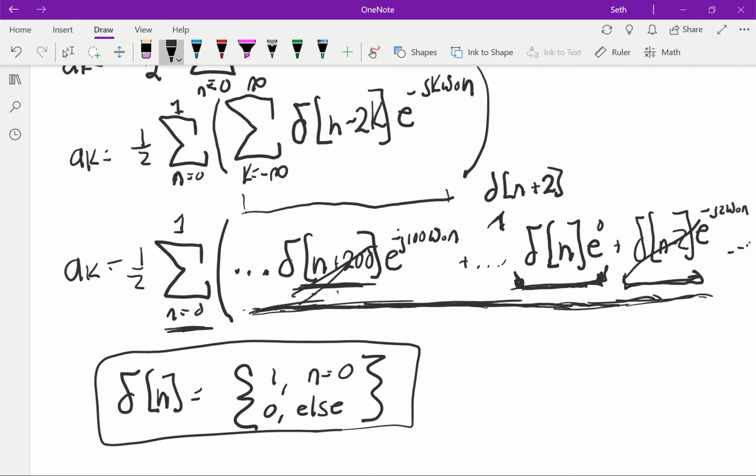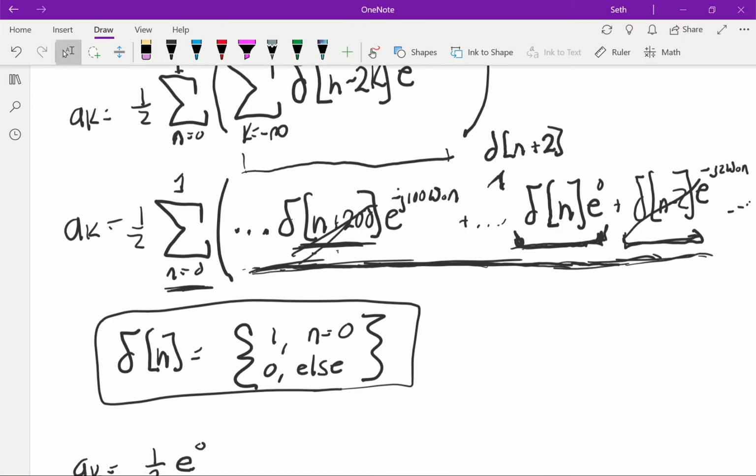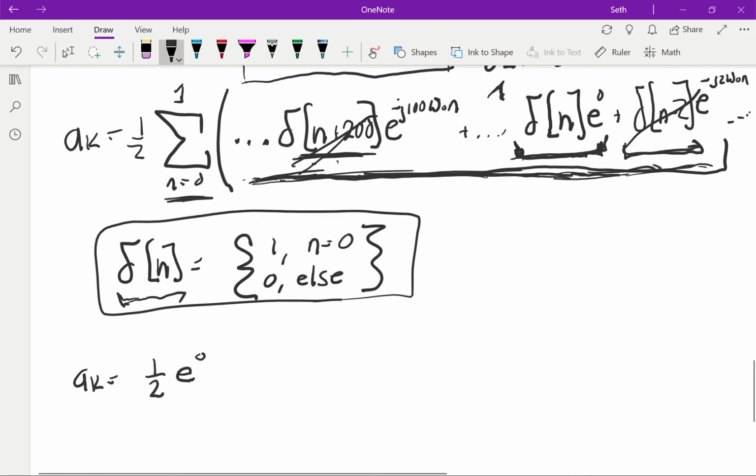So when we put n equals 1 here and you go through and look, you're never going to find a situation where you get delta 0, the condition where the delta function is equal to 1. So for the n equals 1 iteration, there aren't any terms in this summation that resolve to non-zero.